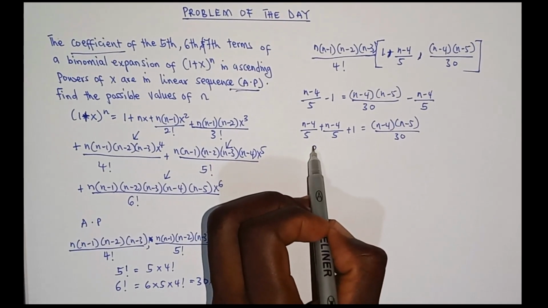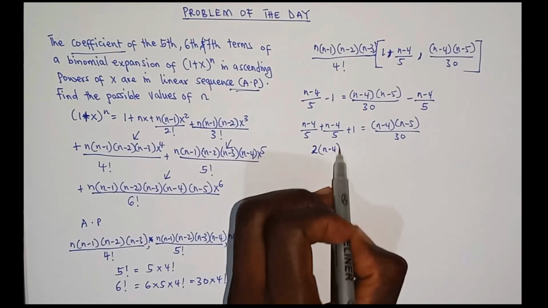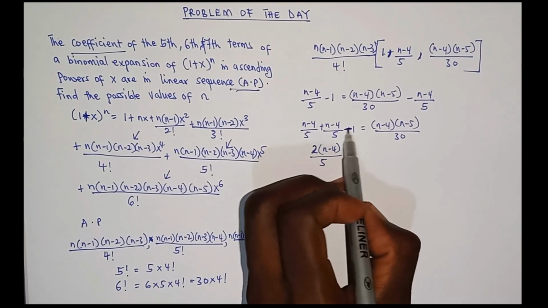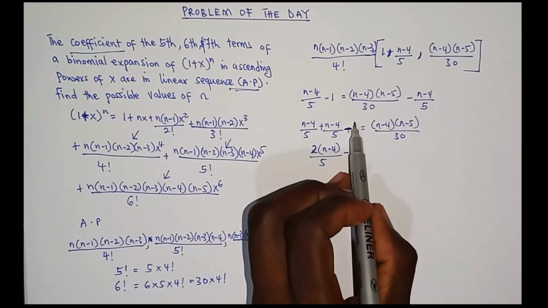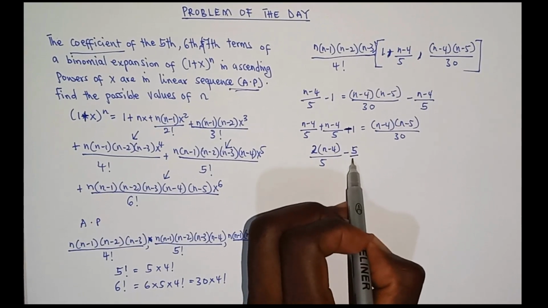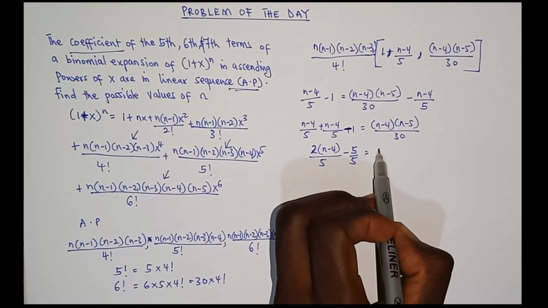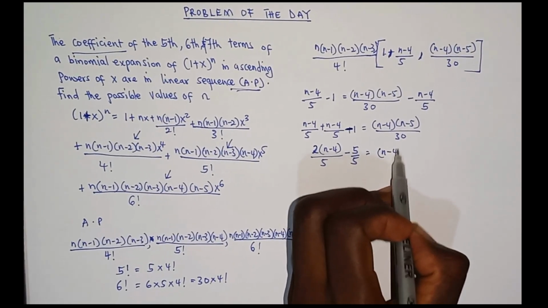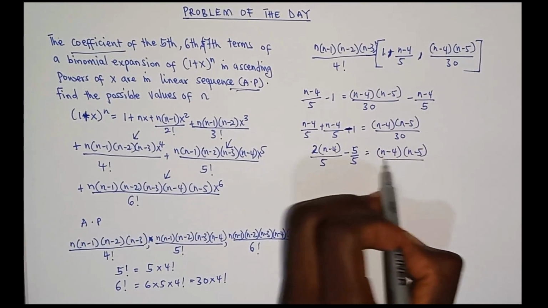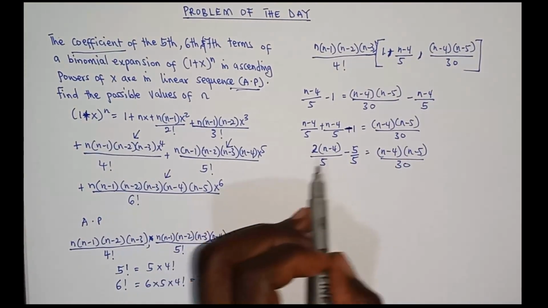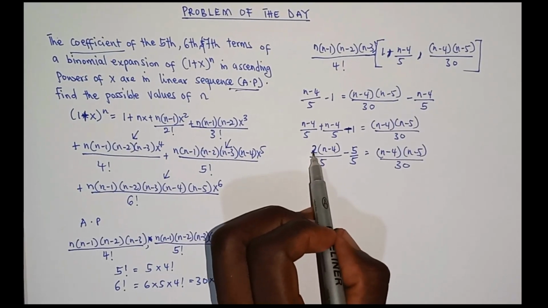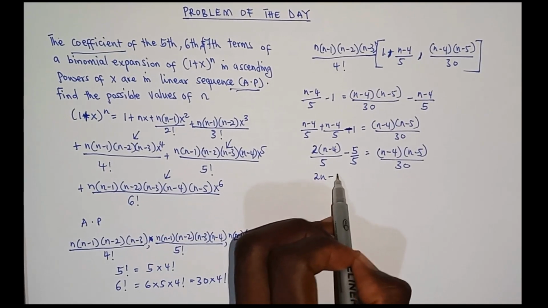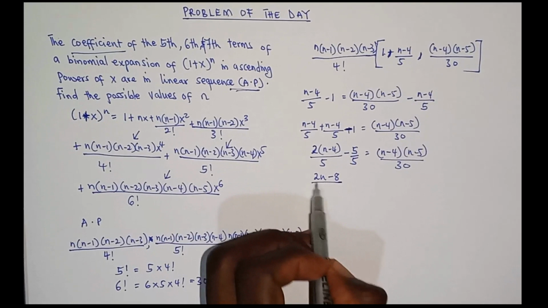So this becomes 2(n − 4)/5, then minus 1. Instead of writing 1, I want to write 5/5, equals (n − 4)(n − 5)/30. Simplifying further, 2 times n is 2n, then 2 times minus 4 is minus 8, divided by 5.